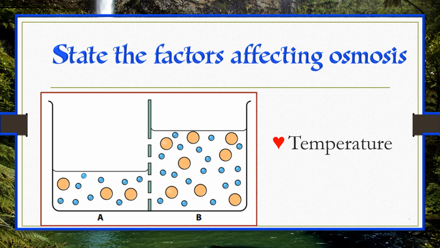So they will be able to pass through the semi-permeable membrane and go to side B because of the high energy provided by temperature. So another factor which is affecting osmosis is temperature. The higher the temperature, we expect the rate of osmosis to increase.